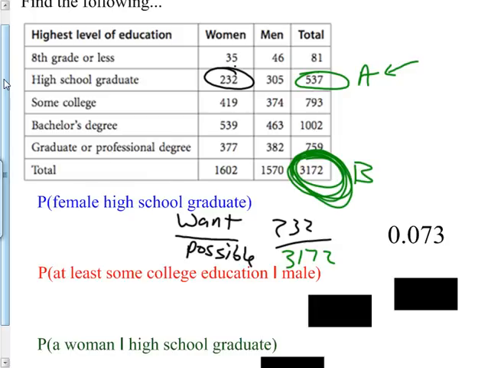When they said a female high school graduate, it would be perfectly legitimate to ask the teacher on the test, if there was one like this, do you mean that they could have gone beyond this and gone here, here, or here? Because I think you're right. I would have actually given you credit on the test if you had added up all of these, because how could you get to be a doctor without having graduated from high school, right?